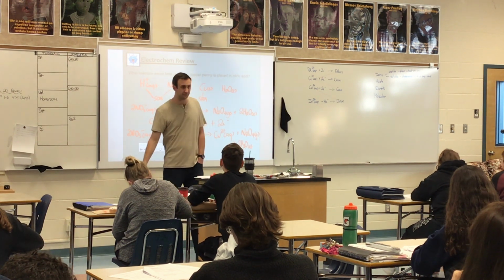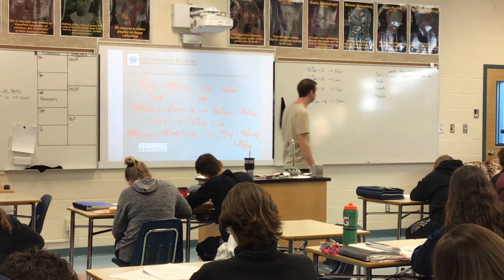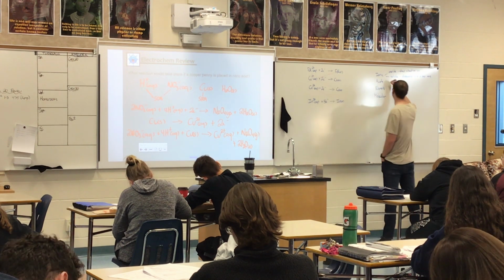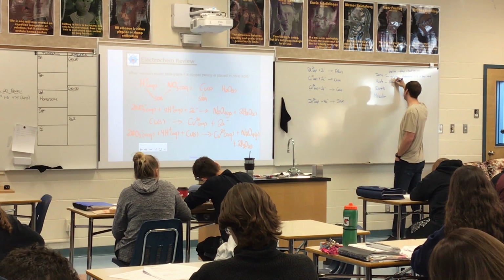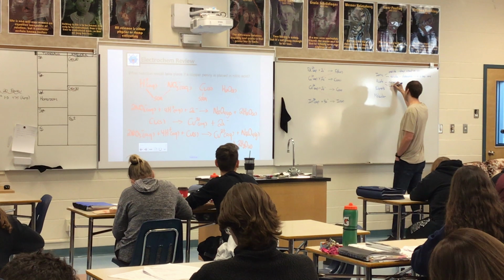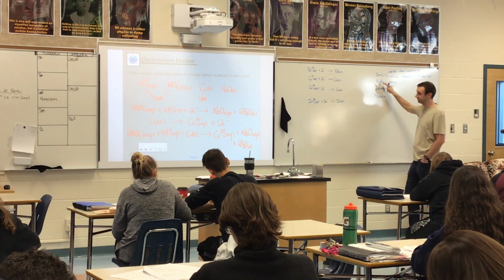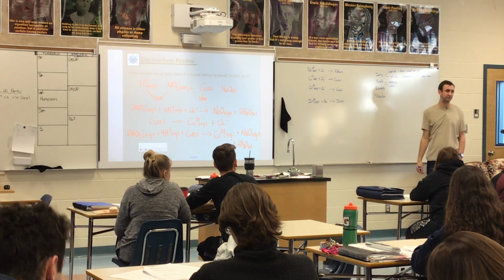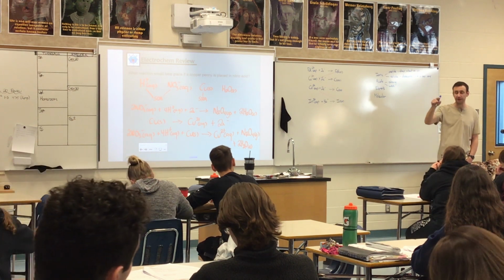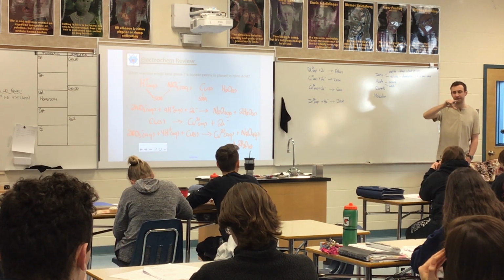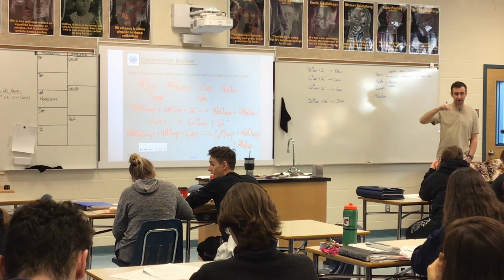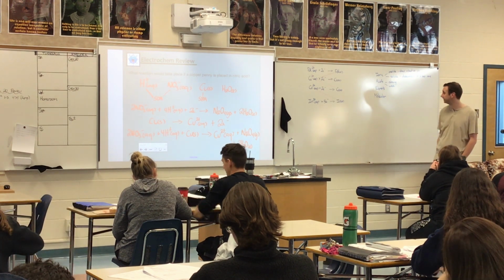Acids. I have two options for an acid. I have either strong or weak. How do you identify it's an acid? The H. Yeah, it starts with an H or ends in COOH. So that's your indicator of, hey, this is an acid.